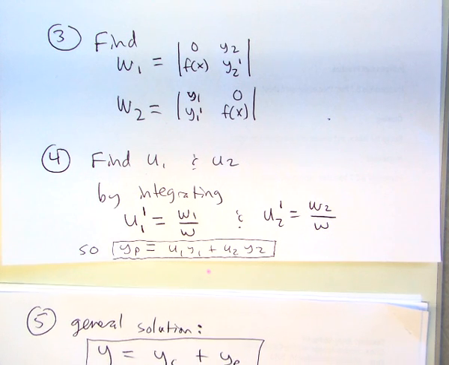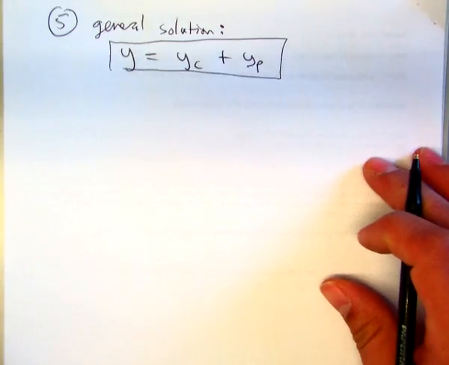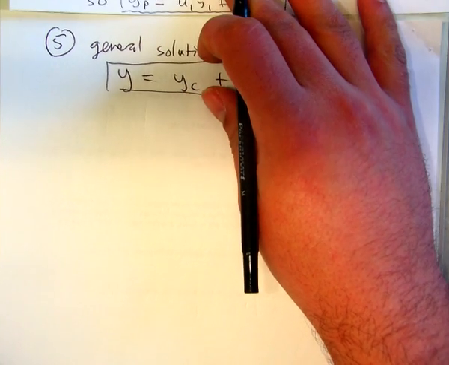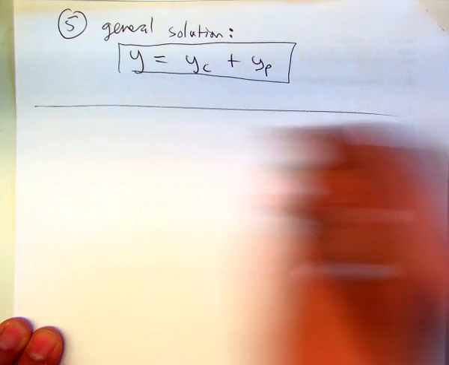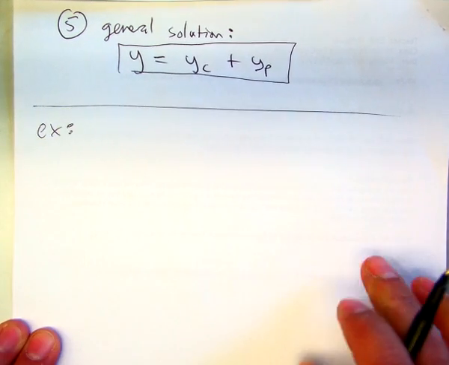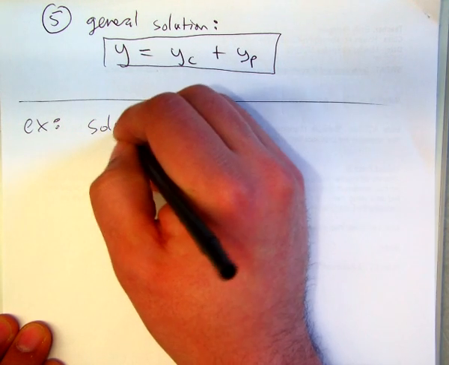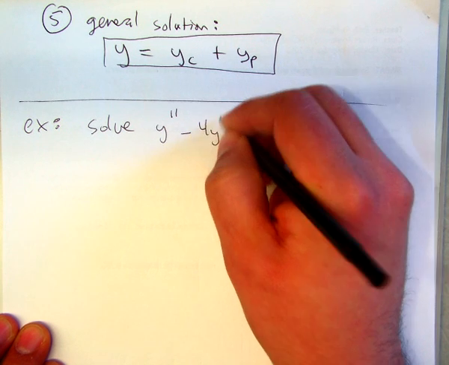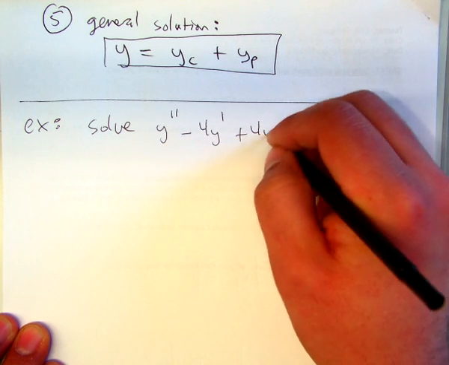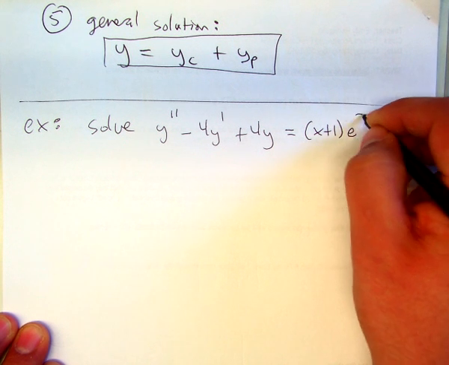Okay, let's do an example. Let's say you wanted to solve y double prime minus 4y prime plus 4y equal to x plus 1 e to the 2x.